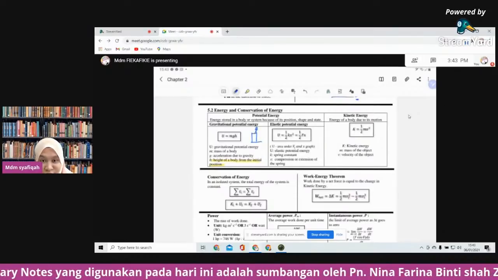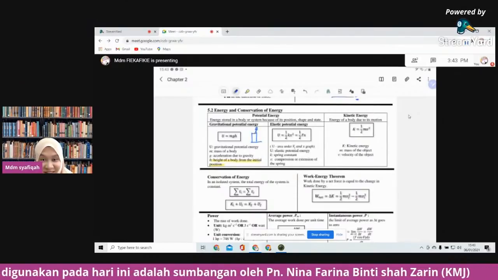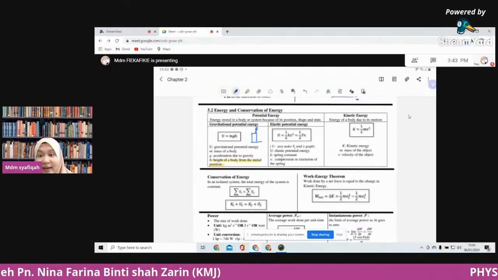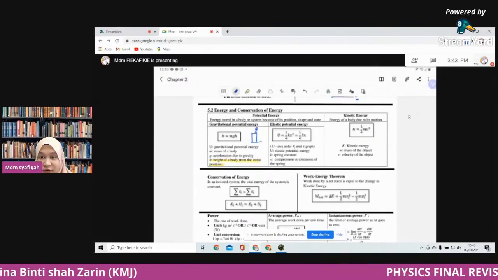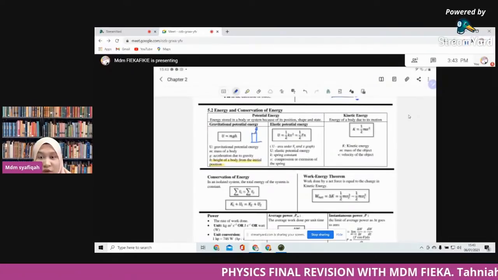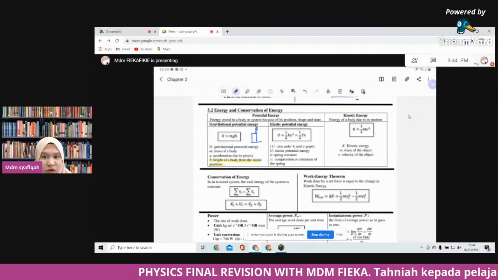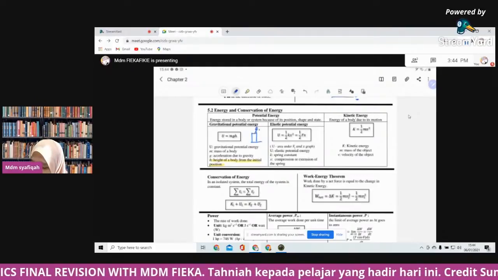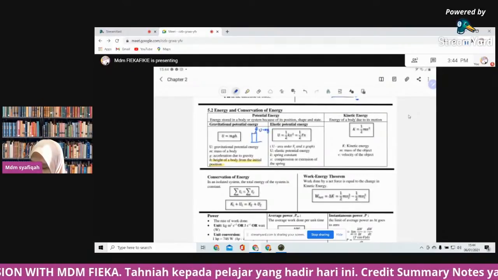Okay, you want to jump from the top of the building. Okay, so what type of energy yang you ada? Kinetic energy tak ada sebab you tidak bergerak. Okay, elastic potential energy pun tak ada because you are not spring, you bukan compress or expand. Okay, so you have your potential energy.